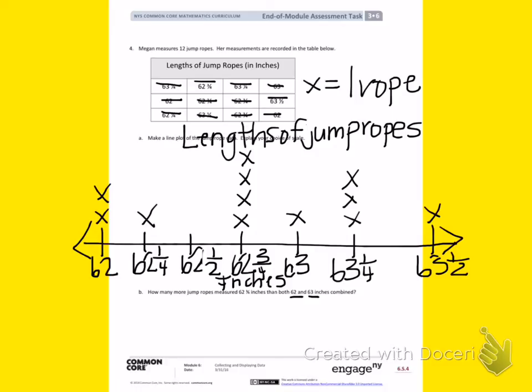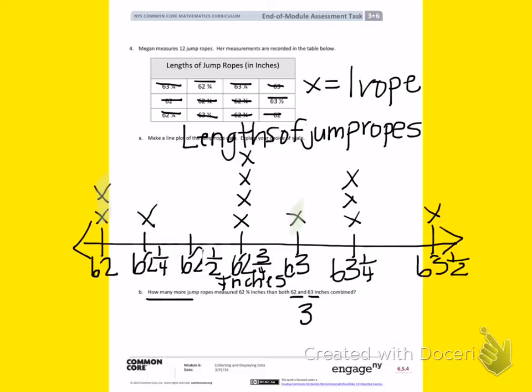When I look at 62, I see that there are 2 X's. 63 has 1 X. When I put those two together, combined, these have 3 jump ropes that measure 62 and 63 inches.